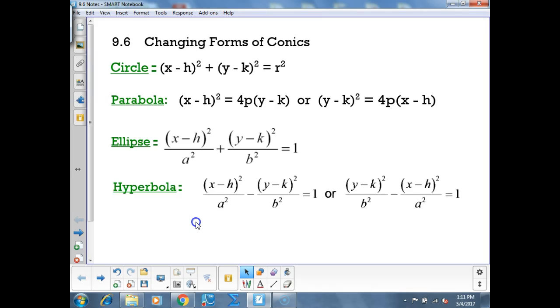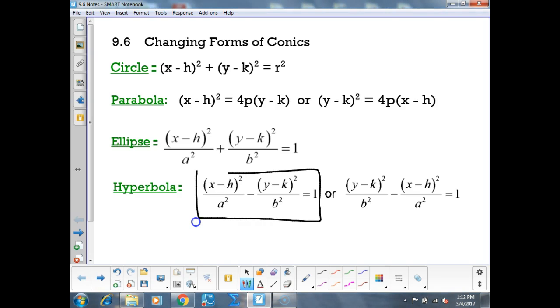the proper form. So in this case, because it was x squared minus y squared, I would want this form right here for that particular one. So you're going to put it into that form using your completing the square techniques. Okay? Then you're going to be asked to graph it.